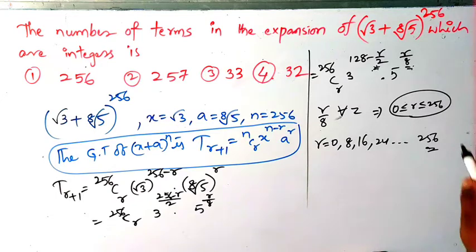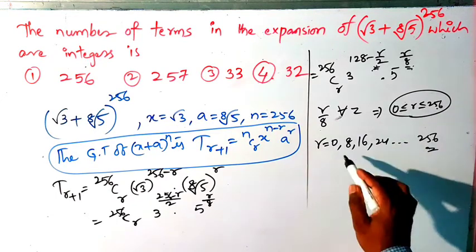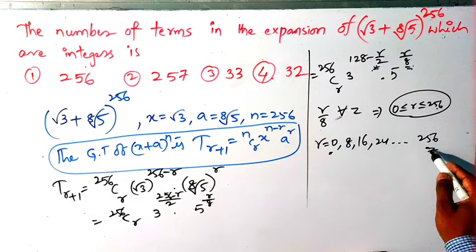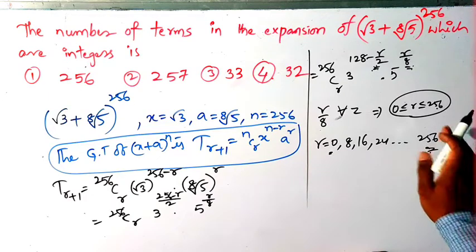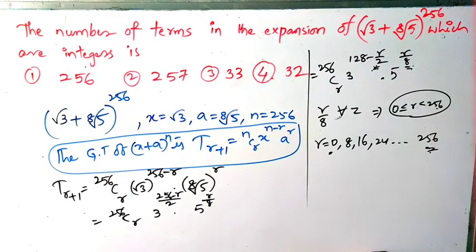So we have to take care of the maximum value and the minimum value, may be equal or not equal, take any one. 0 to 256, in between 0 to 256, may be equal or not equal also. Clear.